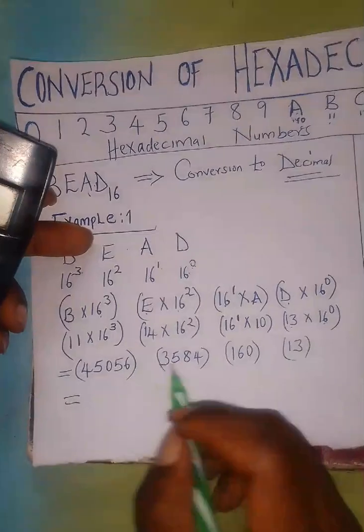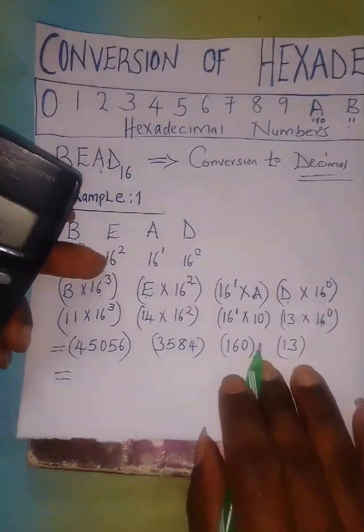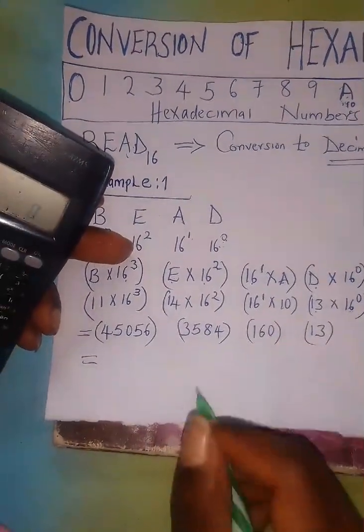From that, you find the sum. You add all the products.